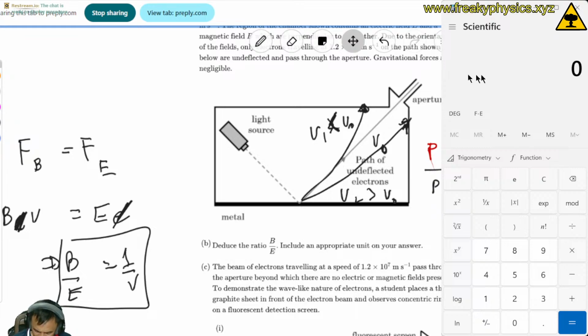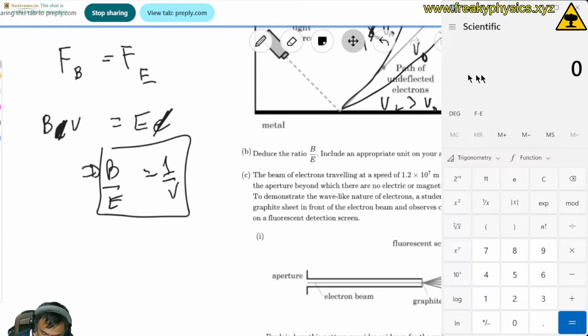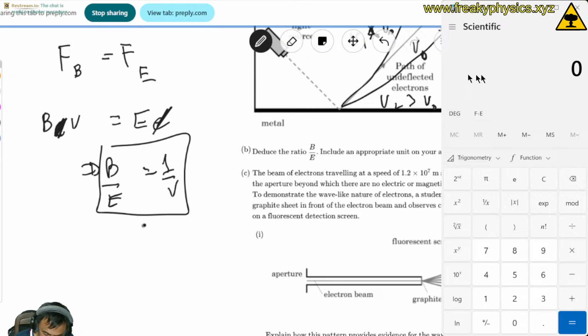And at what point does it curve? To interpret this again, this ratio gives you the speed at which deflection is 0, right?